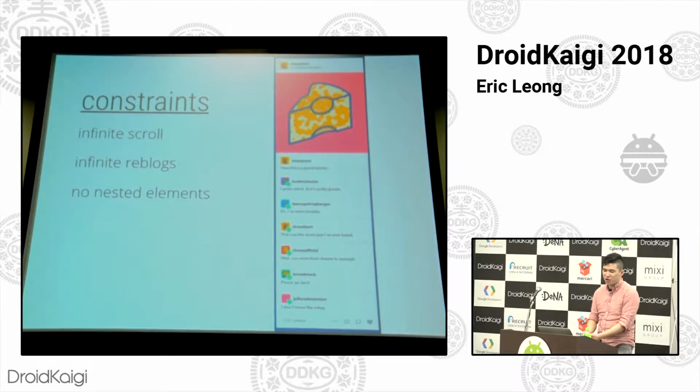But before we write a library, we have to figure out what we want to do. We want to make it fast, but we're not trying to build something that supports everything under the sun. So what are the constraints that we had? We had infinite scroll, just like any other social network. But also, we have these things called reblogs. You can see here in this post, Cheeseboard has said, now this is a good cheese.